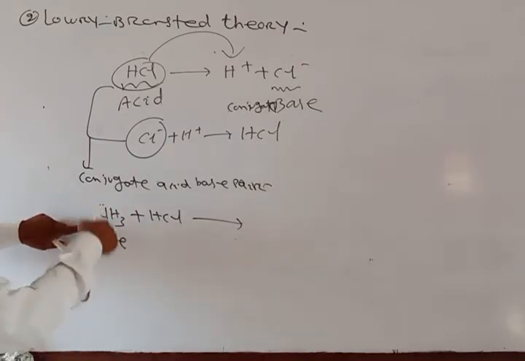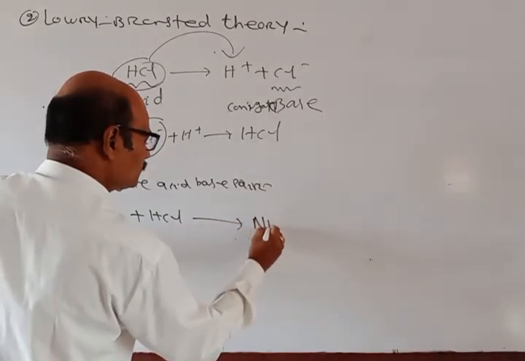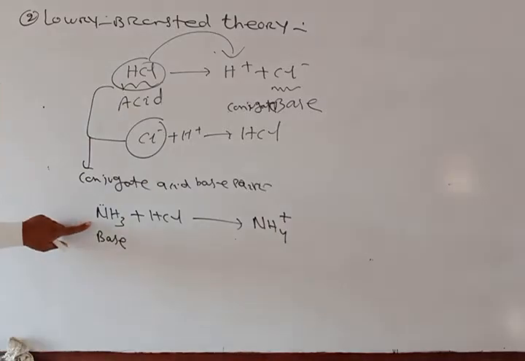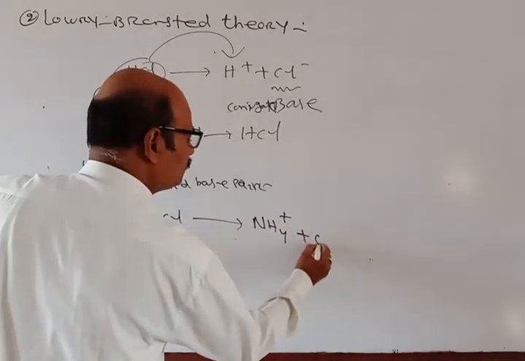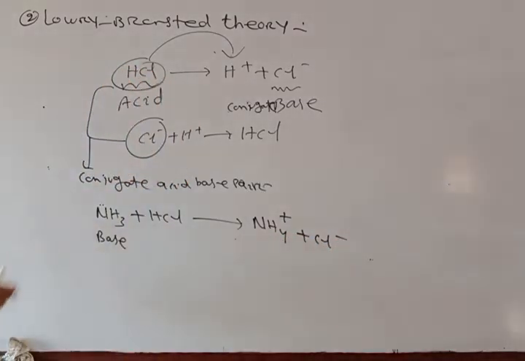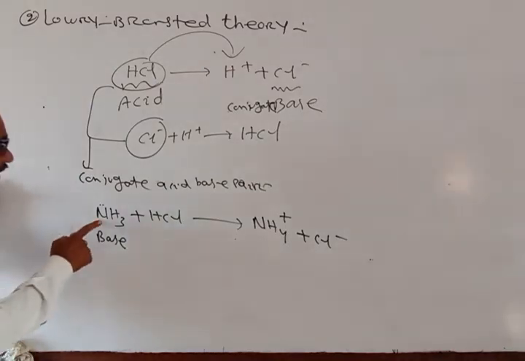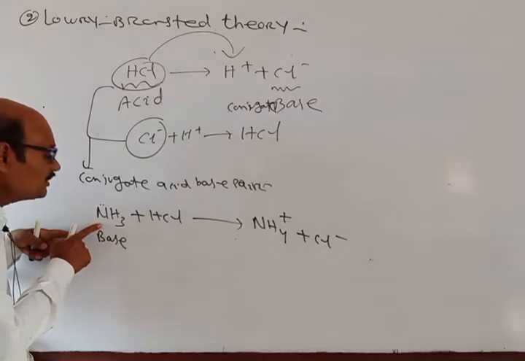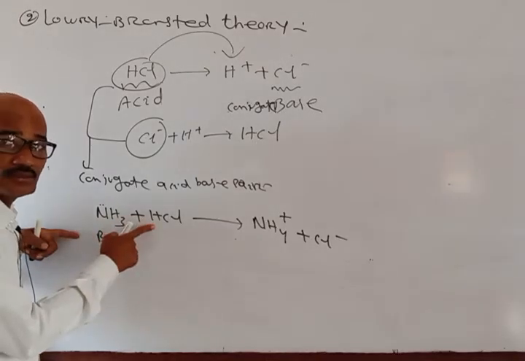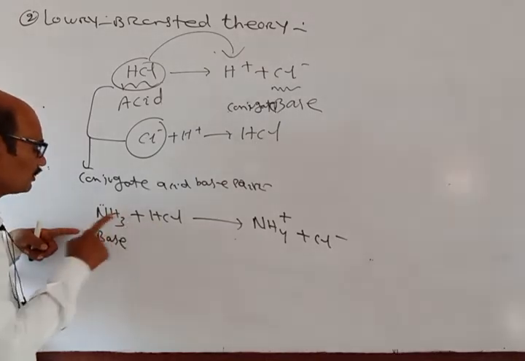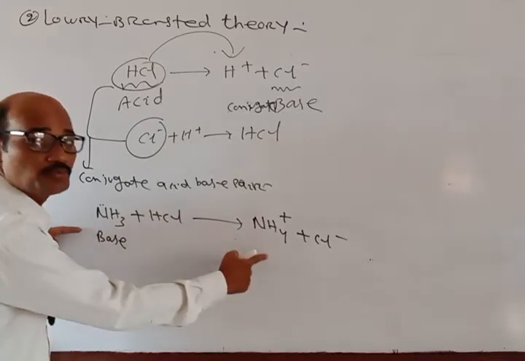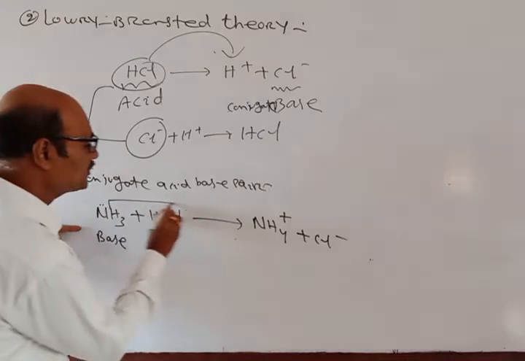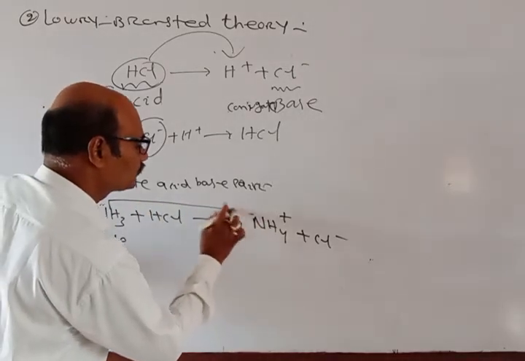It can accept the proton and convert into NH4 plus, plus Cl minus. So here you see NH3 is the base. It accepts the proton from the HCl, because it becomes NH4 plus.